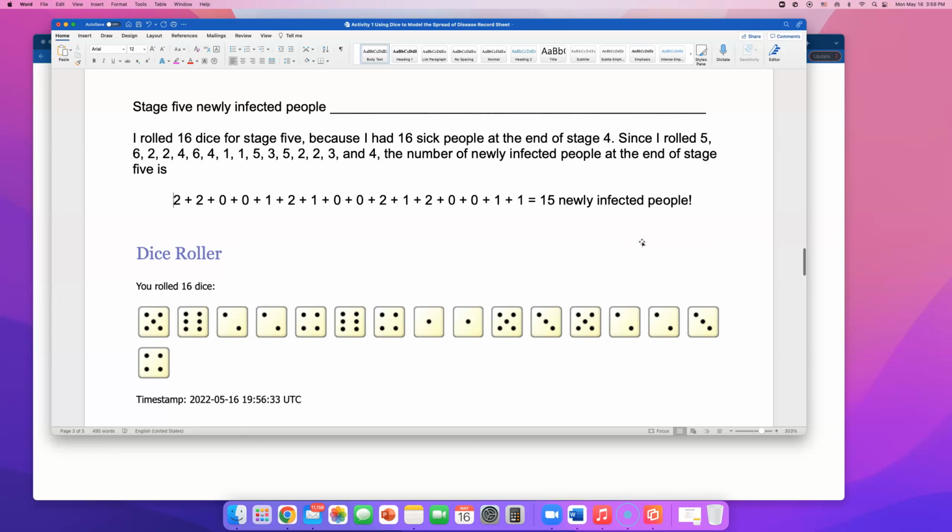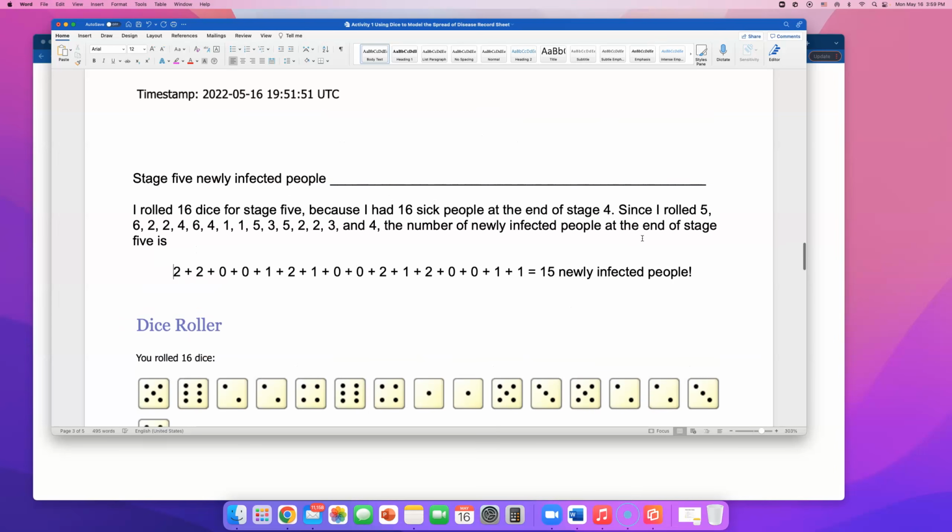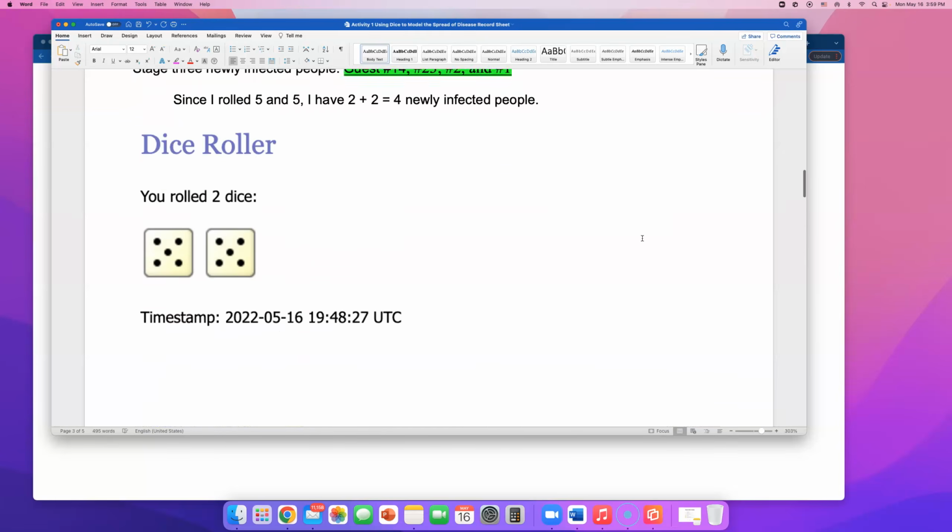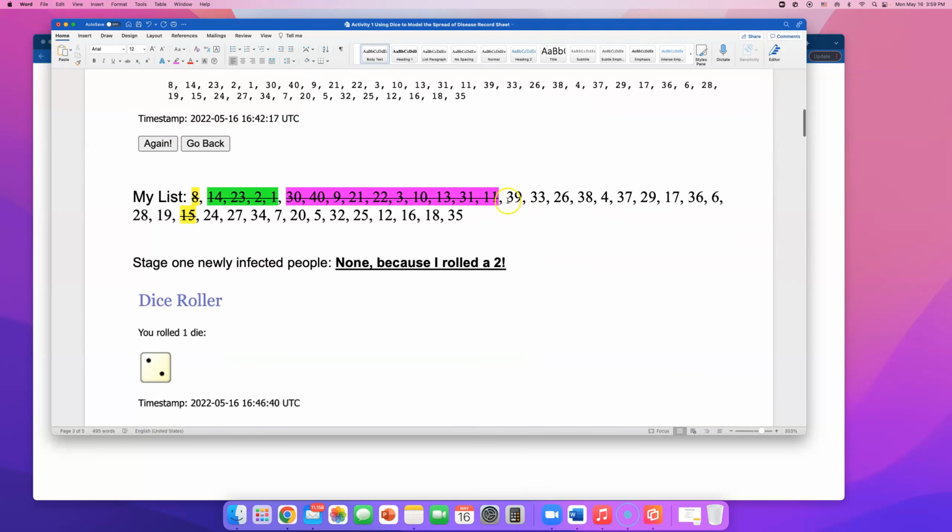So what I'm gonna now need to do is go up and highlight and grab 15 more numbers after the pink highlight. Okay, 15 more numbers. 1, 2, 3, 4, 5, 6, 7, 8, 9, 10, 11, 12.